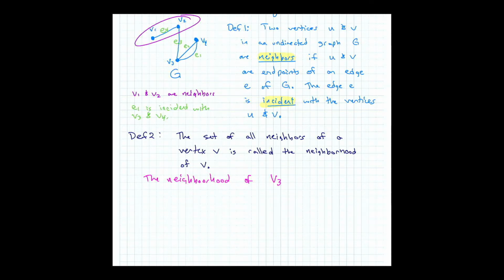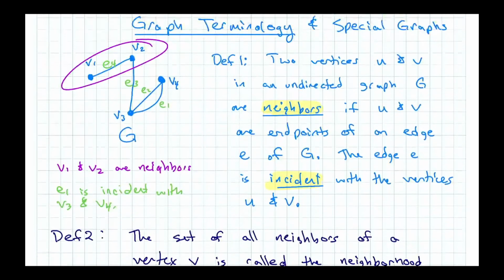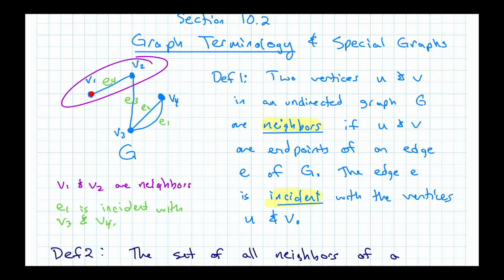The neighborhood of V3 is going to be all of the vertices that are adjacent to V3. So it looks like just V2 and V4, right? Because V1 is not directly connected to V3, so it's not in the neighborhood. But V3 is connected to V4 and V2, so they are in the neighborhood. So that's it, really.